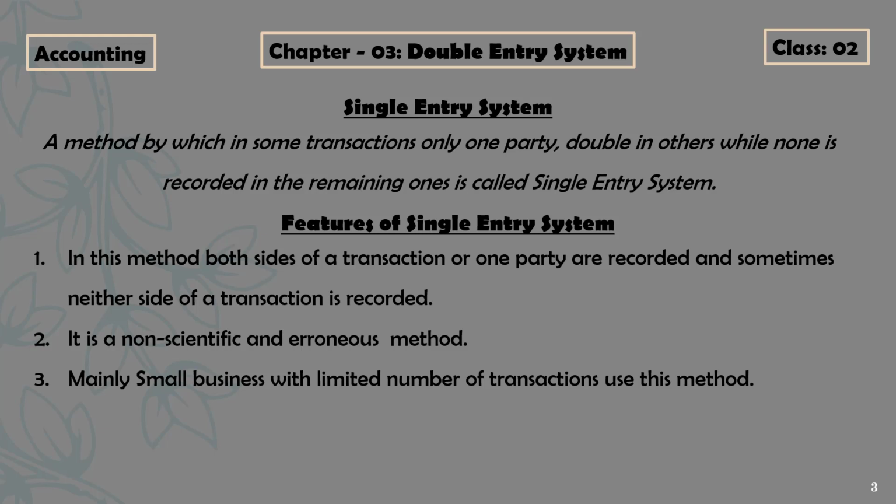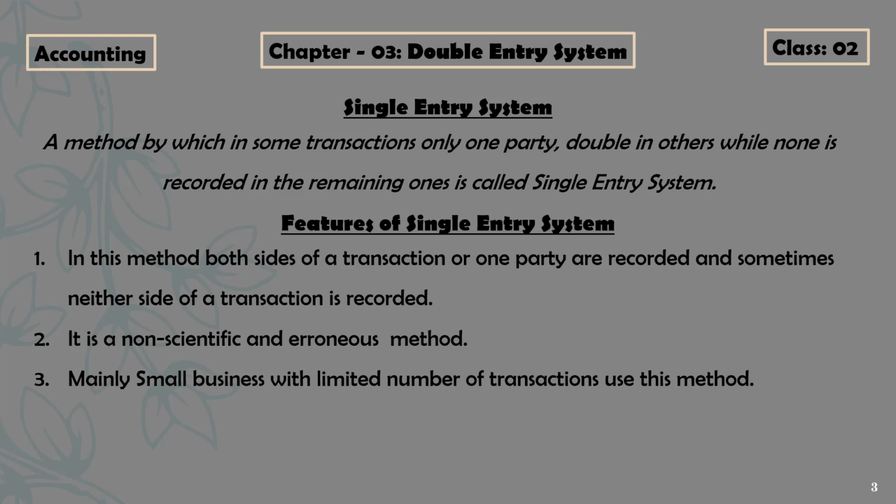Since this is an ancient or very traditional method of keeping accounting records, businesses with small size and limited number of transactions use this method for their account recording process.